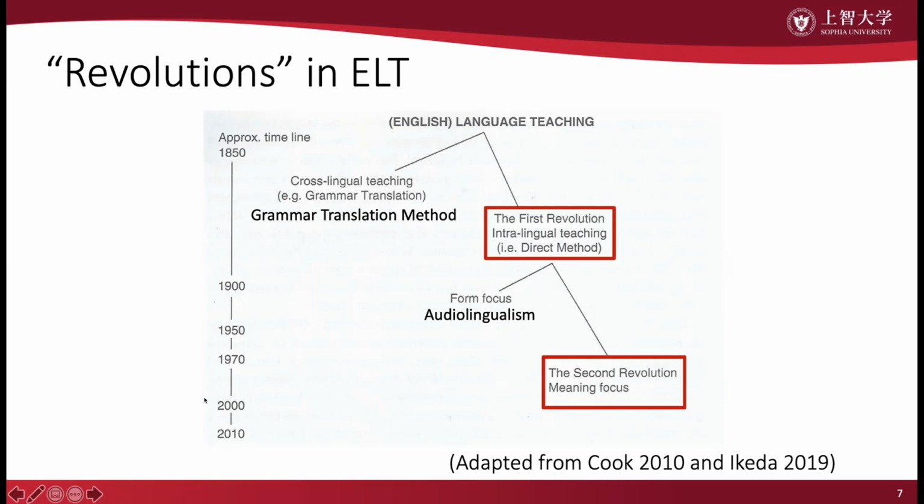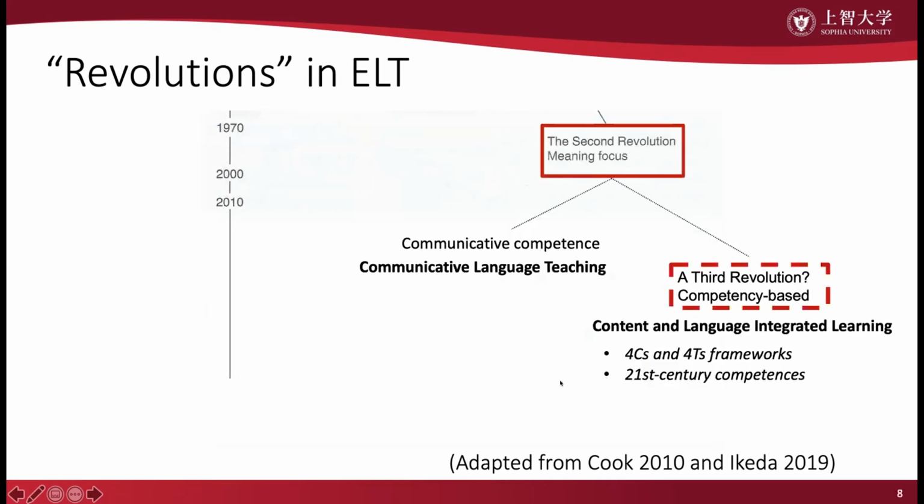But around the time of the 1970s, there was a shift to focus on communication, even if that communication isn't perfect. From a structural syllabus, focusing on form, to a communicative syllabus, focusing more on meaning. And here we have more emphasis on in-context language use. And this became known as CLT, or communicative language teaching.